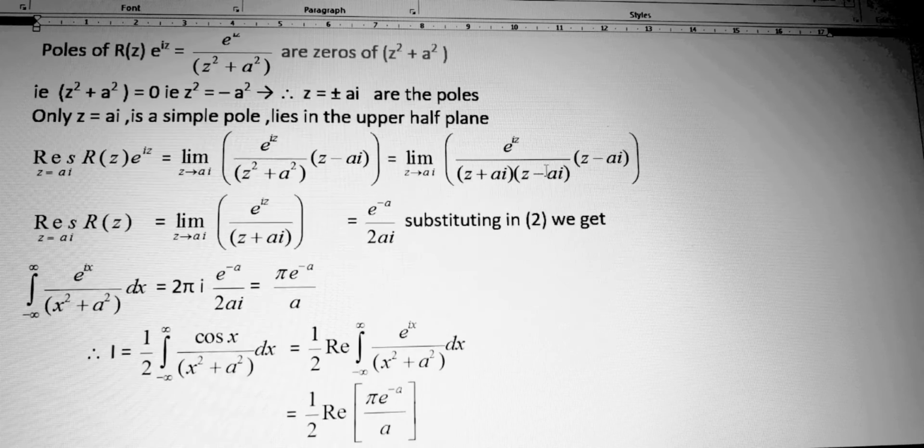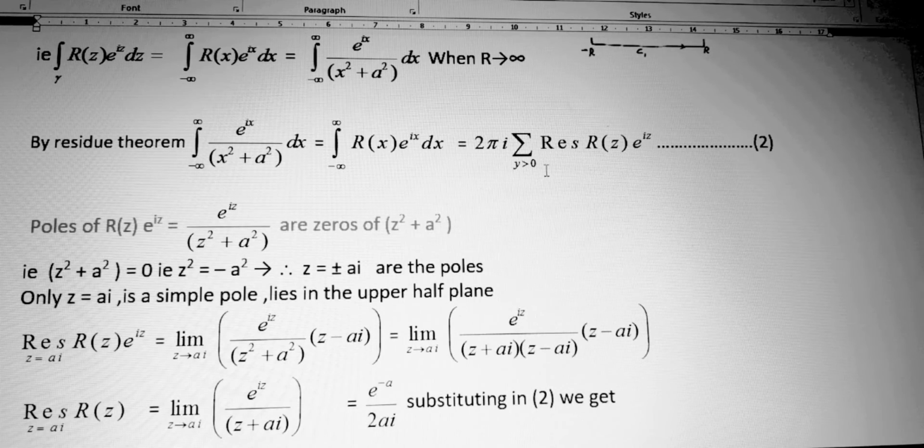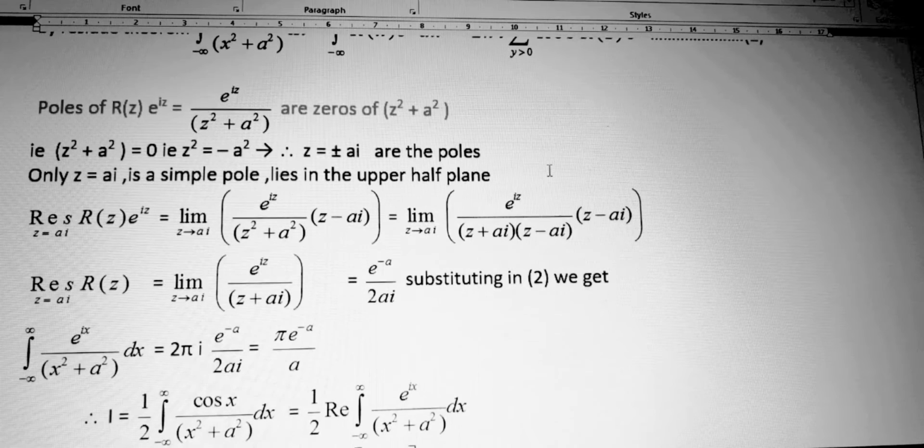Now, to find the residue of R of z into e raised to iz, we know that the poles of R of z into e raised to iz, which is equal to e raised to iz by z square plus a square, are the zeros of z square plus a square. That is, z square plus a square equal to 0, that is, z square equal to minus a square.